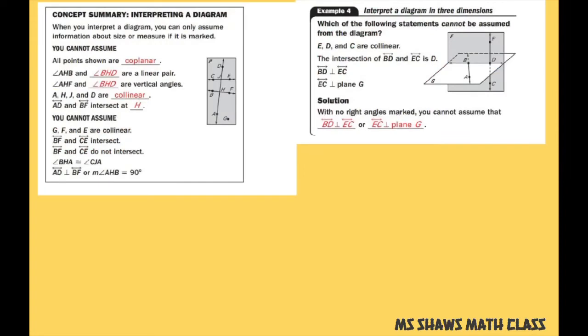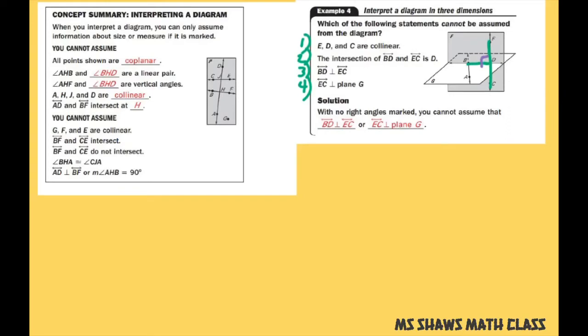All right? Which of the following statements cannot be assumed from the diagram? So how many statements do we have? 1, 2, 3, and 4. There's no right angles marked, so you cannot assume that BD is perpendicular to EC, because there's not that mark right here.